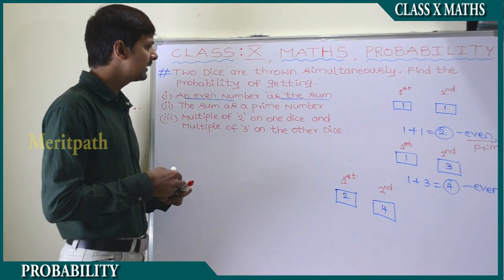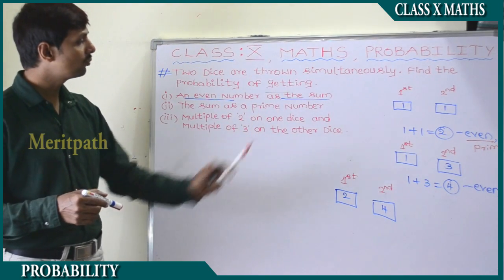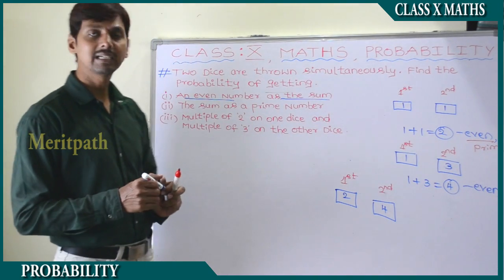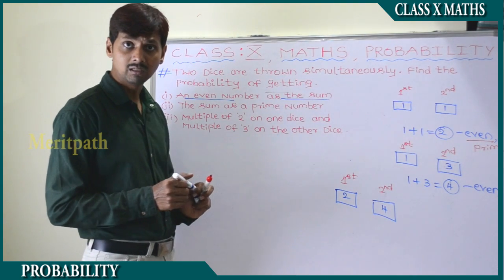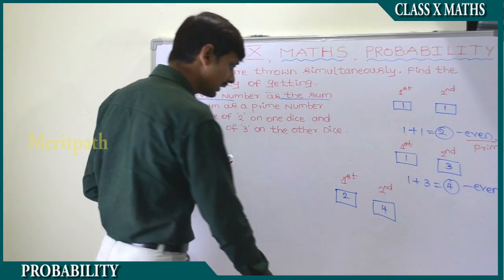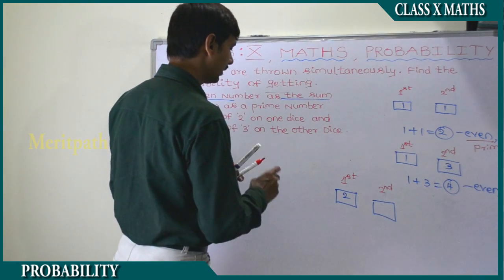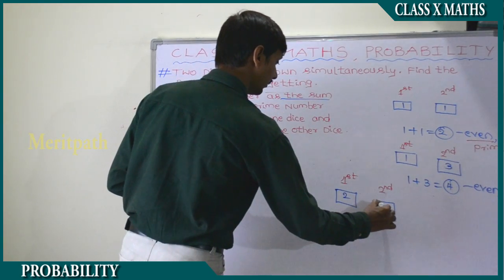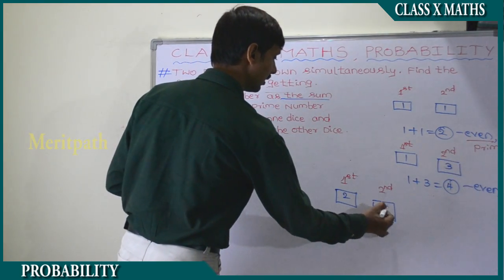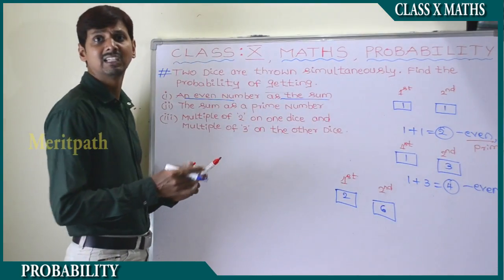And multiple of 2 on one dice and multiple of 3 on the other. If the second number is not a multiple of 3, this is not possible. So let's take any other number, like 6, for example. Then it satisfies this condition.